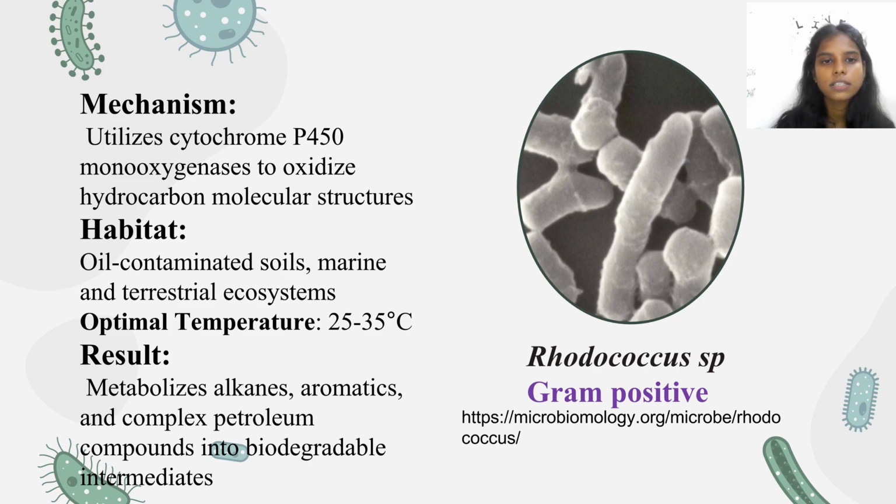These oxidation steps break down large recalcitrant hydrocarbon molecules into smaller, more biodegradable intermediates. The optimal temperature range for its growth and hydrocarbon degradation activity is 25 to 35 degrees centigrade. This microbial process contributes to the effective bioremediation of oil-polluted environments.